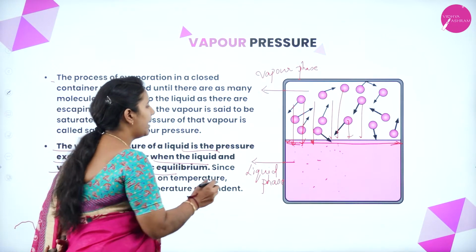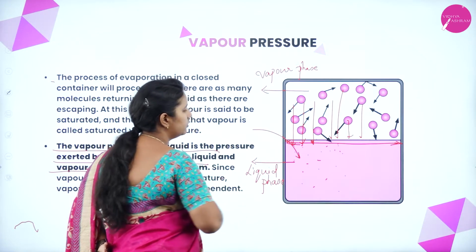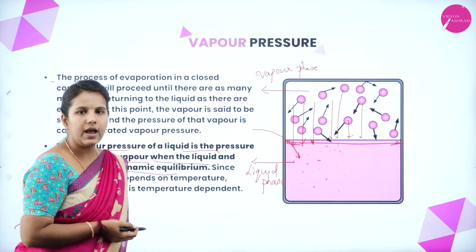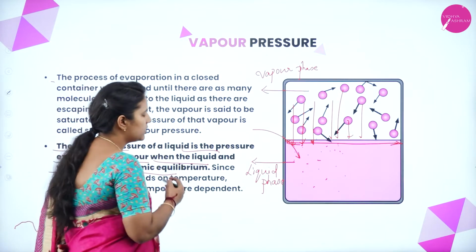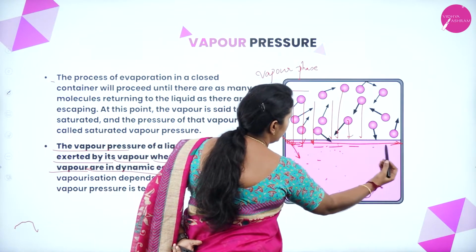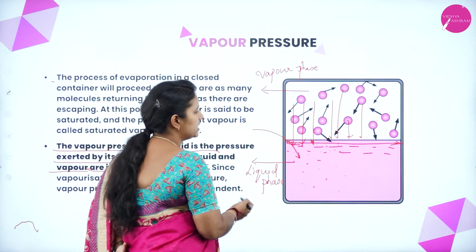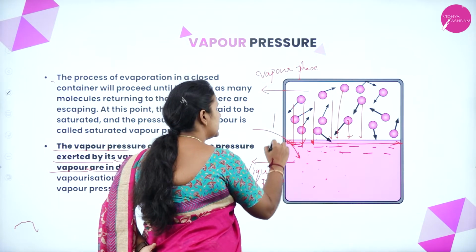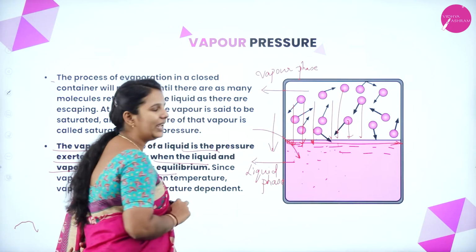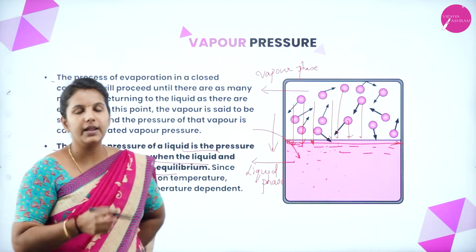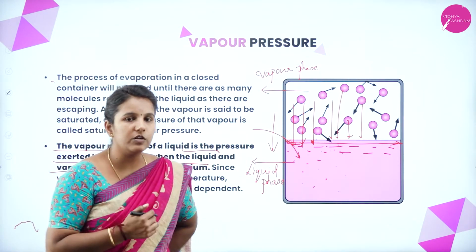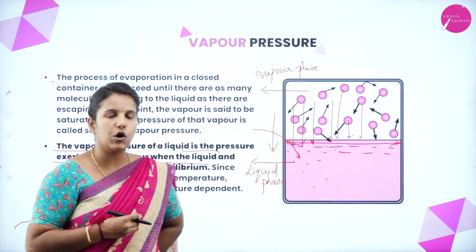Suppose I add a solute to this liquid, what will happen? Obviously, the solute particles will go and settle at the bottom and also on the surface of the liquid. In such situations, the vapor pressure will be decreased. Why will the vapor pressure decrease when you add the solute to the solvent?